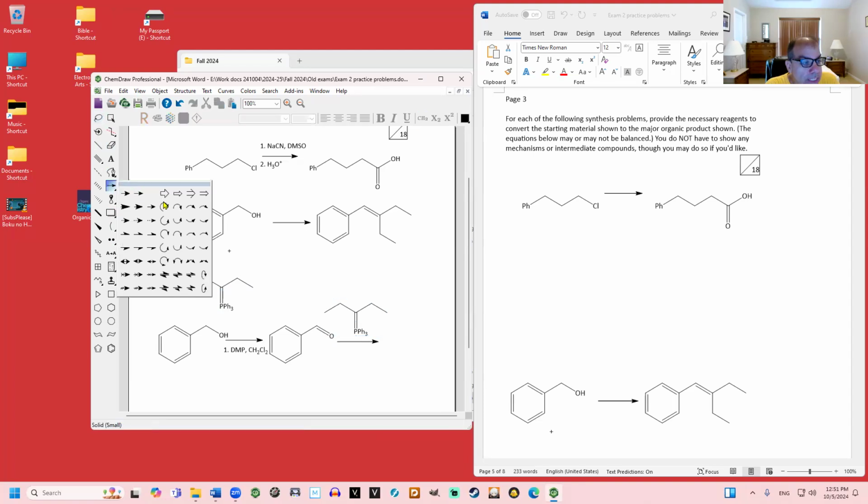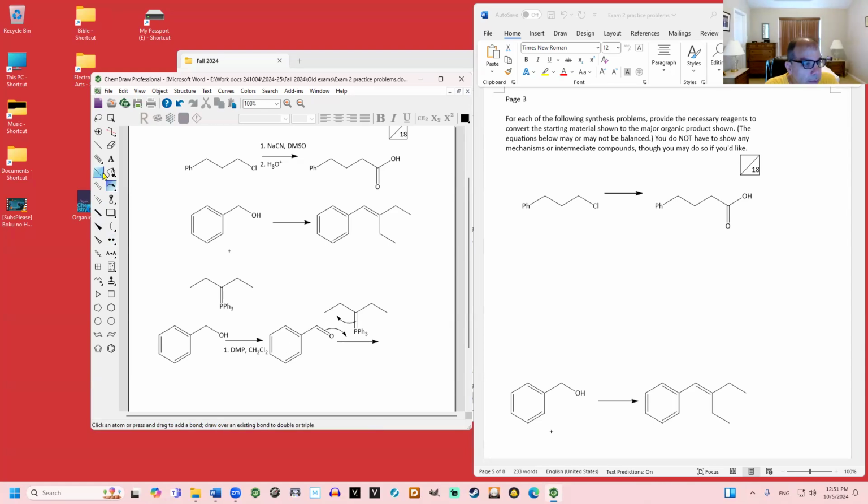And if you want to see a visual aid for the mechanism, these electrons go between oxygen and phosphorus, and these electrons go between the two carbon atoms. If you want also a visual aid to see where those bonds go, we did it that way in class.